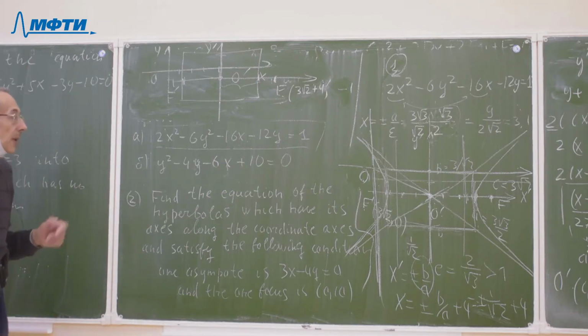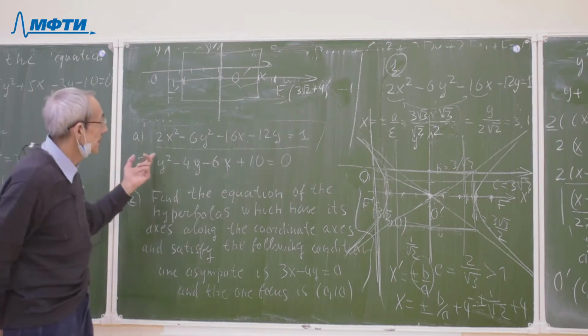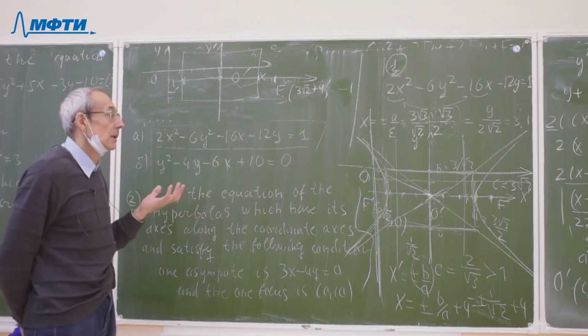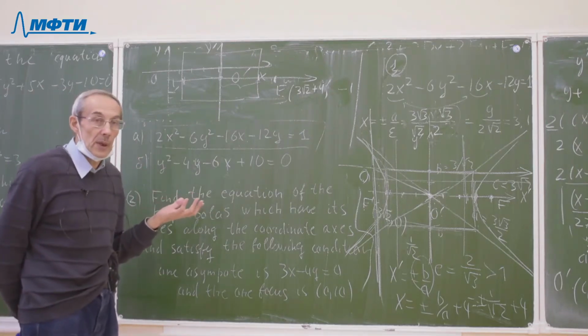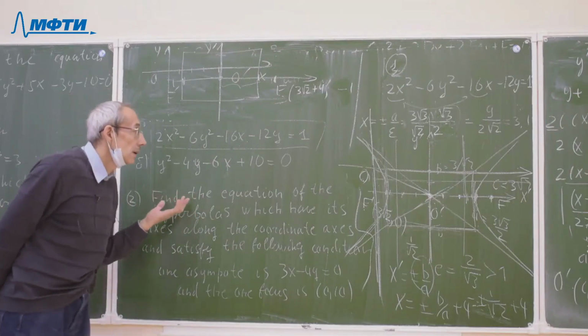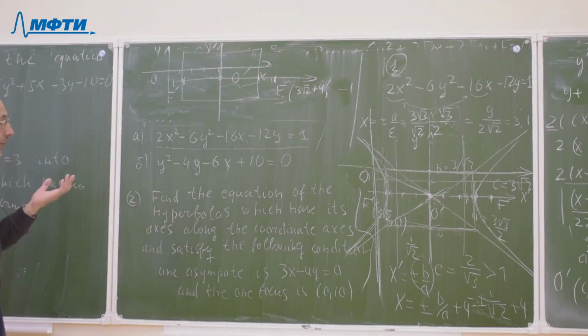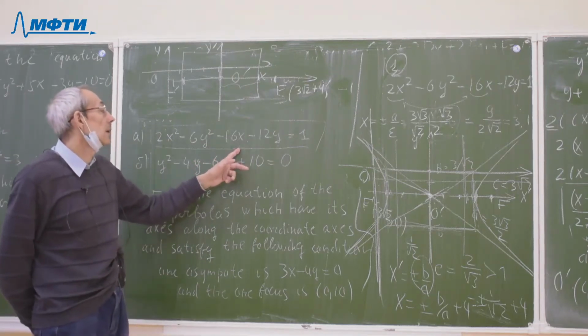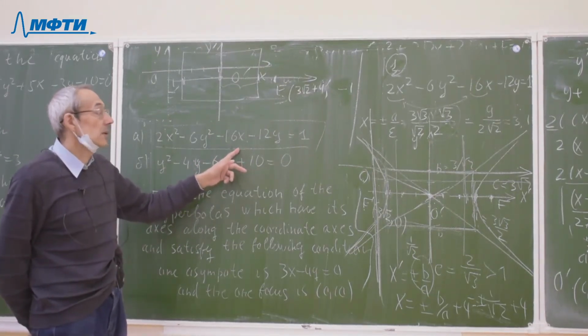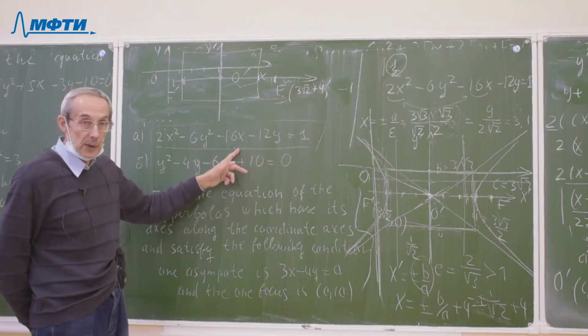I shortly repeat the main steps of the solution. First of all, we must change the coordinate system so our equation will be simplified. First of all, we must kill the linear term, the term of first order.